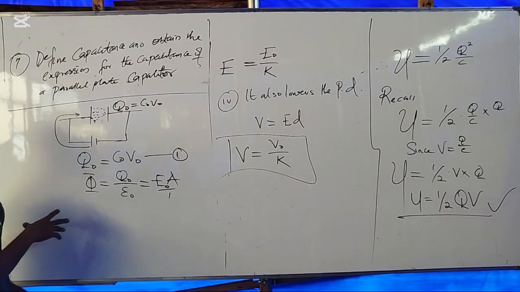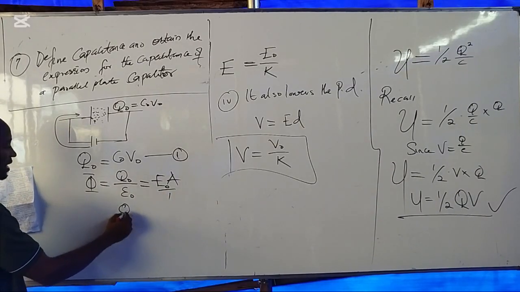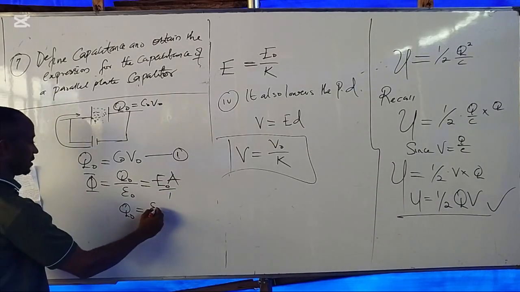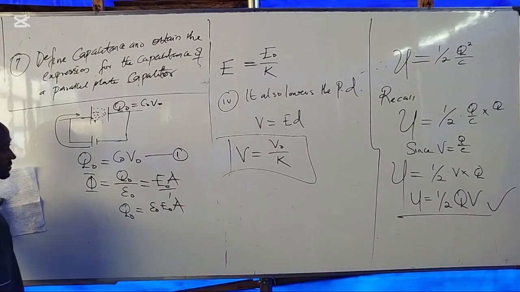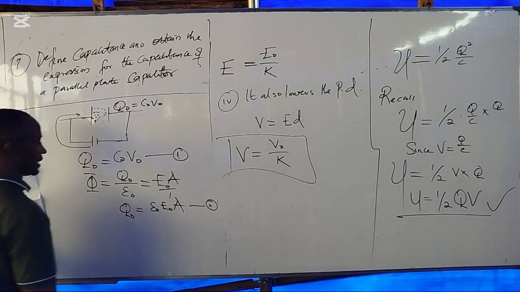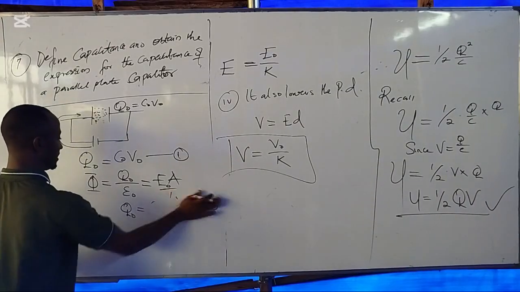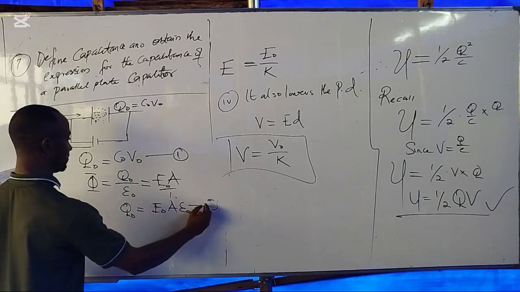We did it this morning. So we have our charge Q naught becomes E naught times A, the permittivity of free space. This is equation 2.